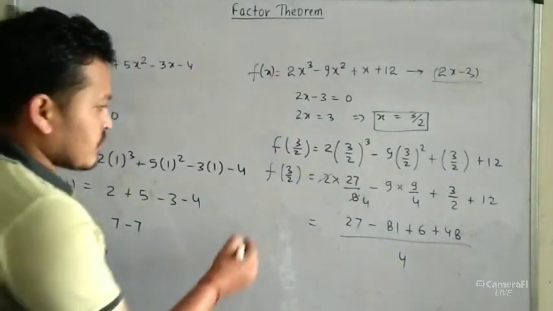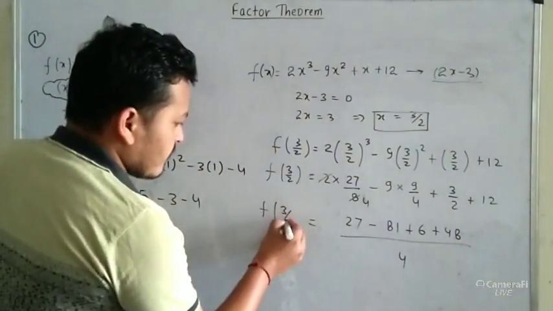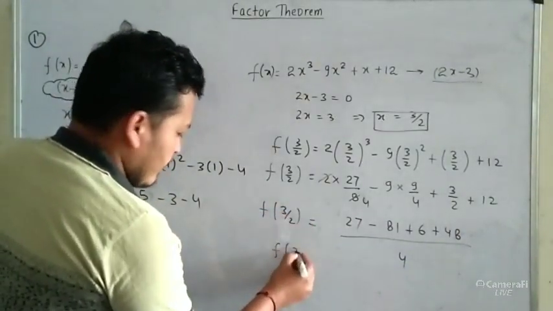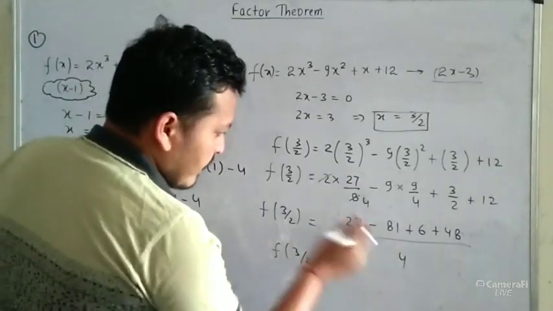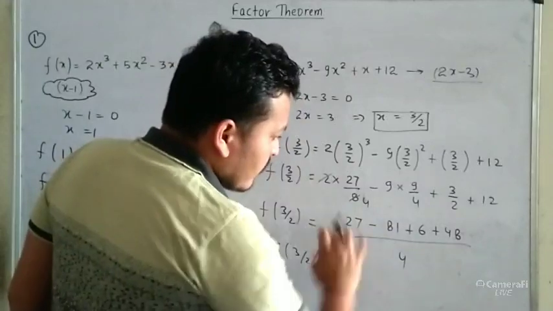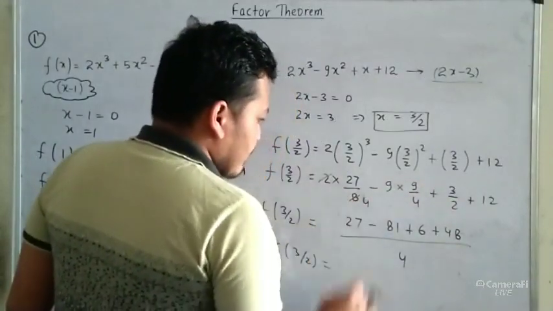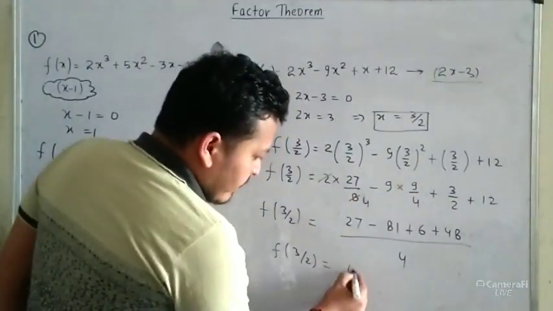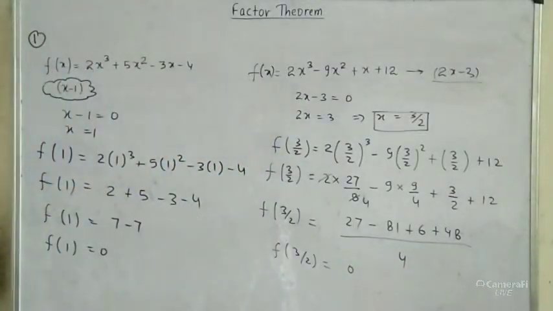So when you solve this part, f(3/2), we will get our final answer as 0. You can calculate this value. The answer will be 0.